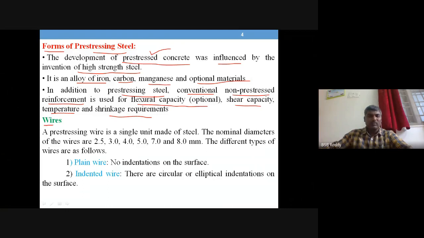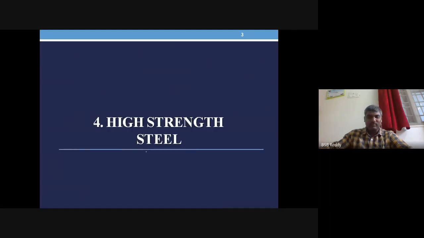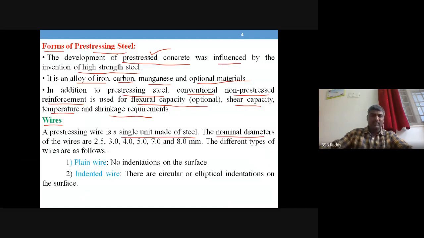So the first form, and very fundamental, is wire, a pre-stressing wire. A wire is a single unit made of steel, and the diameters available start from 2.5 mm and 3, 4, 5, 7, and till 8 mm.